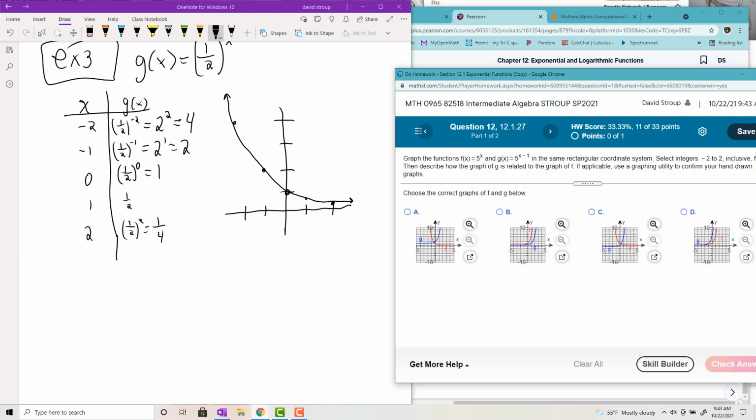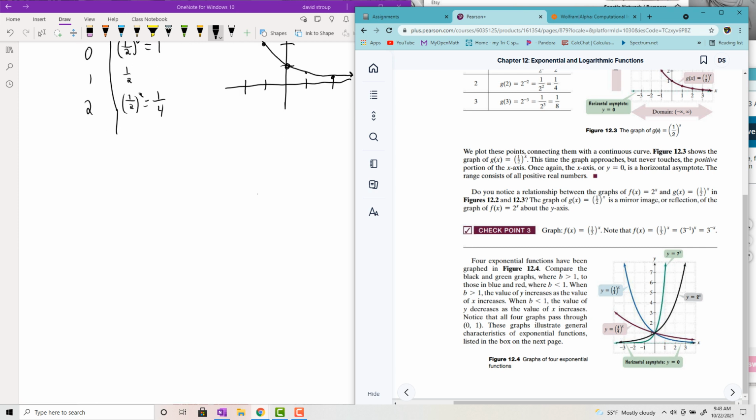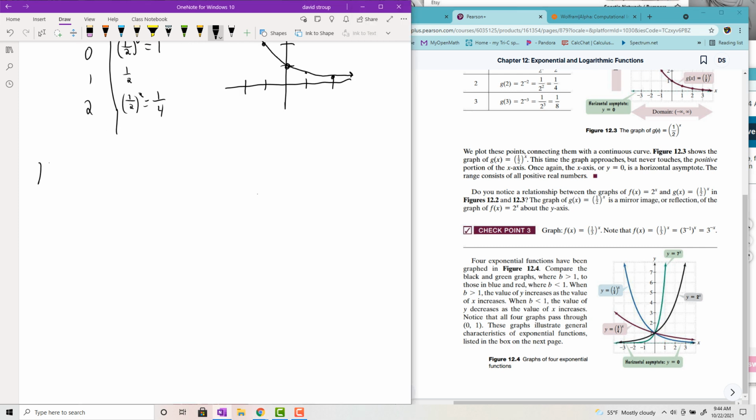All right, so anyways, the next section in the book is characteristics of these objects, right? So you could study the characteristics of a parabola, get the y-intercepts, the x-intercepts, the domain, the range, the vertex, all that stuff.